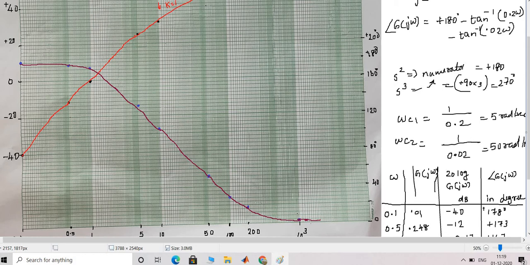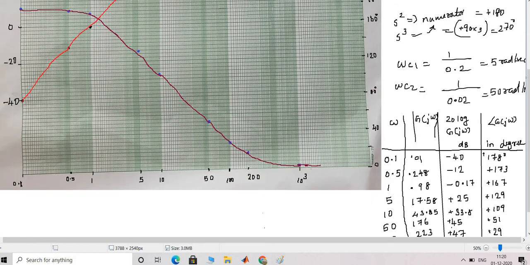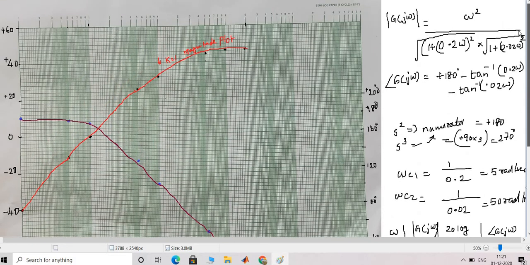So we have obtained the magnitude plot and phase angle plot of the given system. Now the next step is, we have to find out the gain k when the gain crossover frequency is 5 radian per second. So what is gain crossover frequency? Gain crossover frequency is the frequency at which the magnitude of the open loop transfer function is unity or 0 dB.